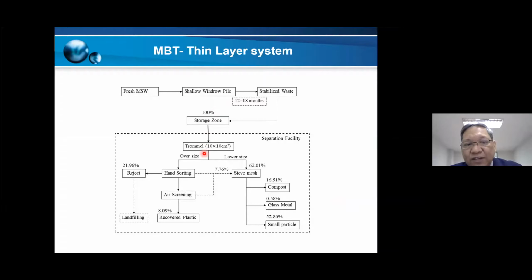After that, we go to physical separation, through different types of separation, and then try to recover the residue, the plastic waste, to be used as RDF. We also end up having compost or some other minor components.